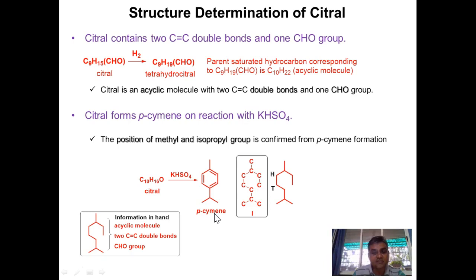So the formation of p-cymene clearly indicates that the citral molecule should have this kind of skeleton where the methyl group and the isopropyl group are para to each other. So at this stage, we have very useful information about the structure of citral. It's an acyclic molecule. There are two carbon-carbon double bonds, one CHO group, and this is its skeleton. Now in this skeleton, if we assign the positions of the two carbon-carbon double bonds as well as the CHO group, then we can reach the structure of citral very easily.